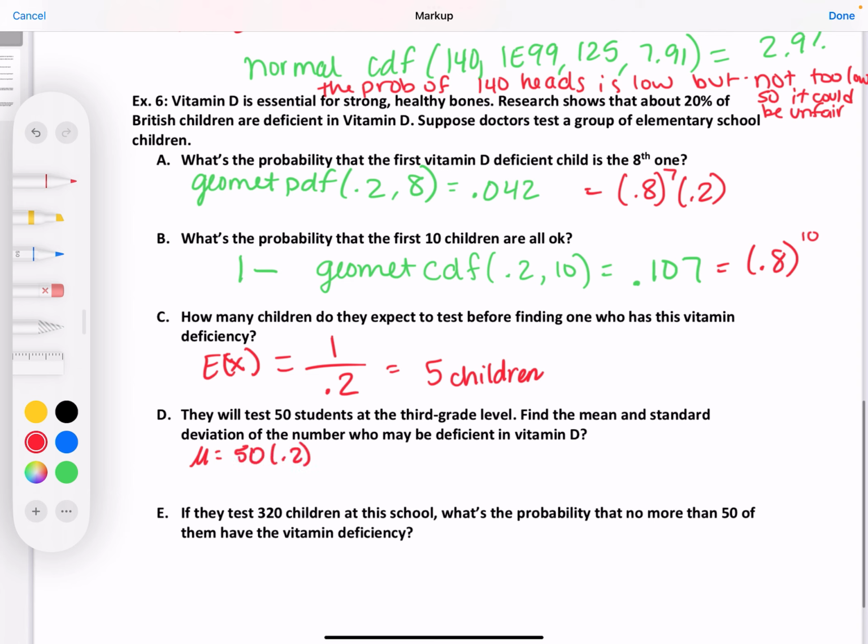Yep. Which is 10. And then what about standard deviation? So square root of 50 times 0.2 times 0.8. Yep. And that lovely number comes out to be 2.83.